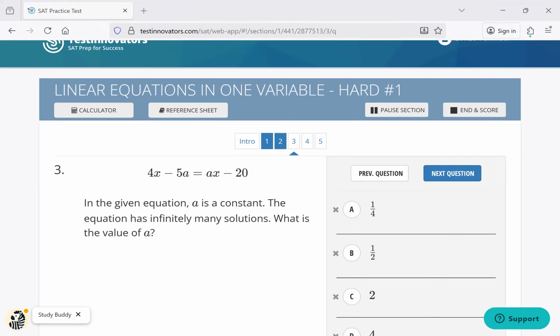So yeah, infinitely many is when the slope and y-intercept are the same.